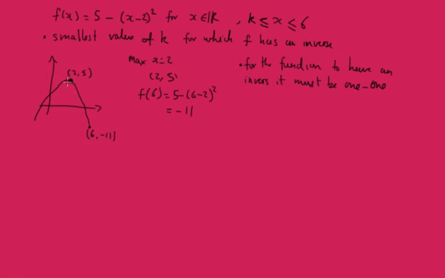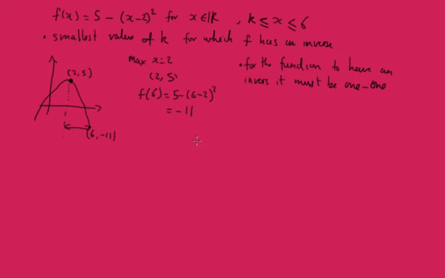If we were to consider the domain to be less than 2, then we've got a function that is many-to-1, because it's quadratic. So it has to have a domain which is just this part here.